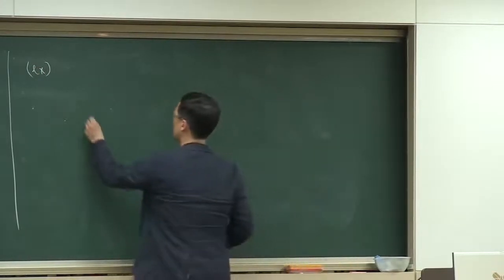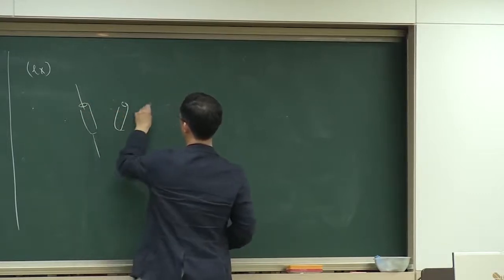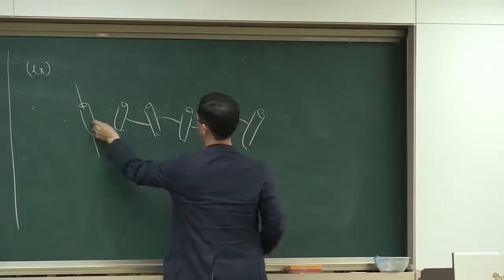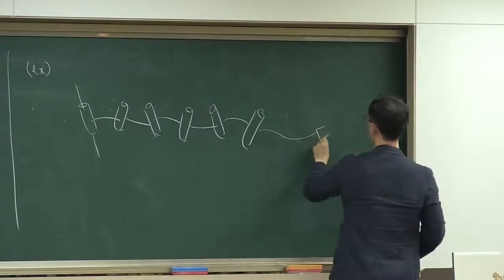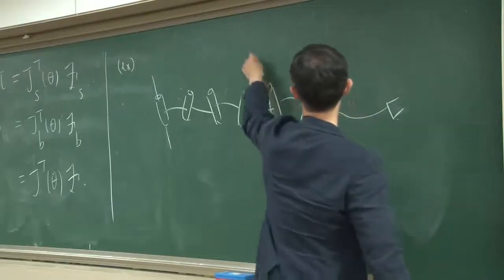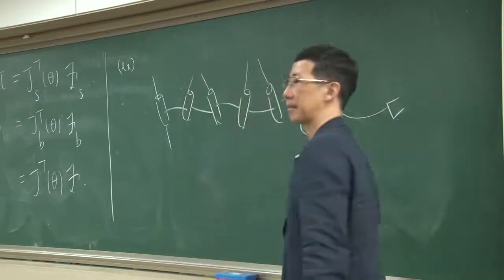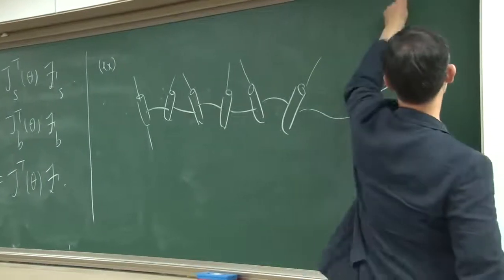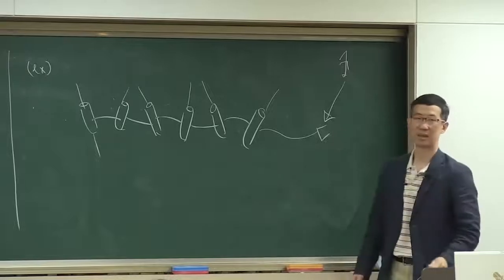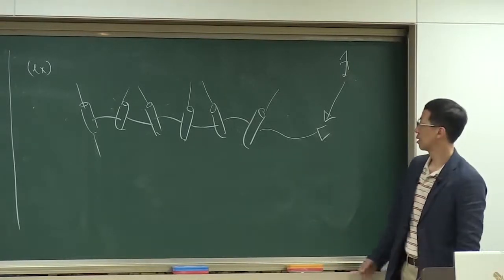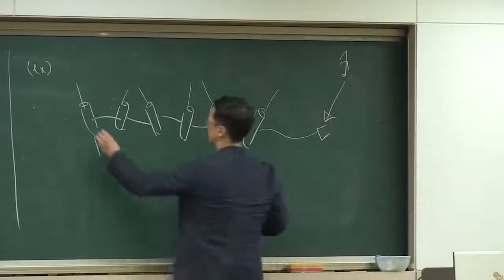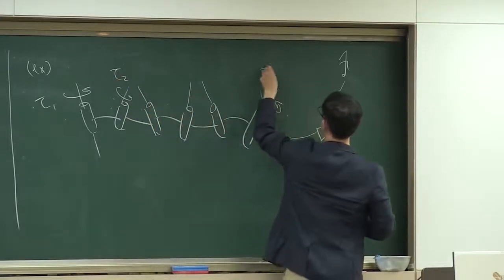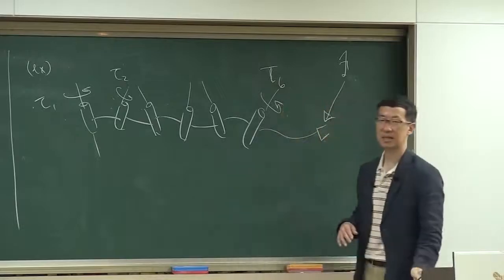So if I gave you some manipulator with joints 1, 2, 3, 4, 5, 6, and we applied some spatial force F, and let's say we have some joint torques tau 1, tau 2, up to tau 6.